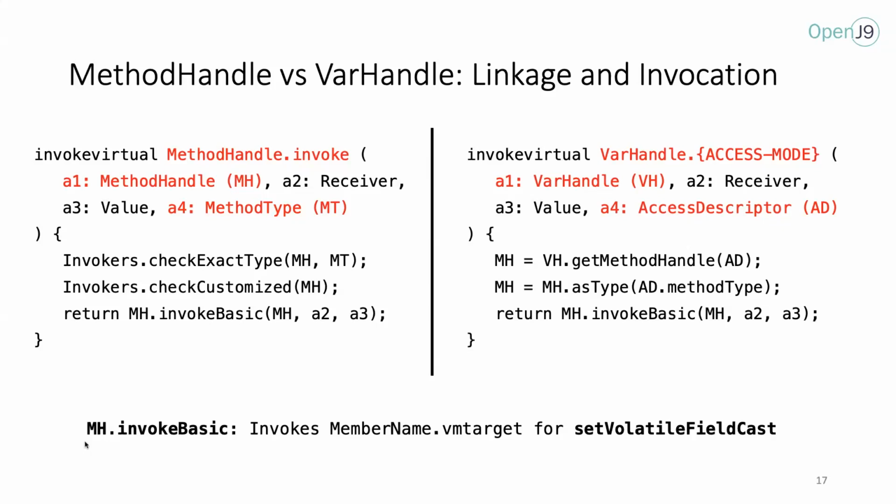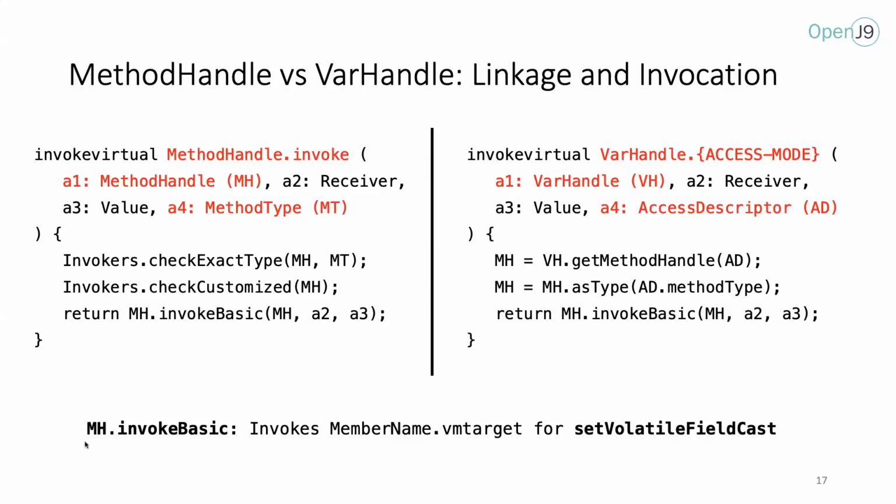And method type is just a description of what the return type and the input parameters are for the VarHandle's access mode. And then at the end, we are doing the same operation that we did for the method handle invoke. We are going to call invokeBasic on the method handle's member name, which is going to be the setVolatileField cast method.